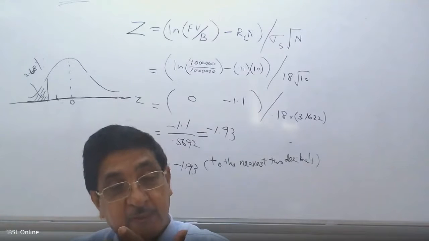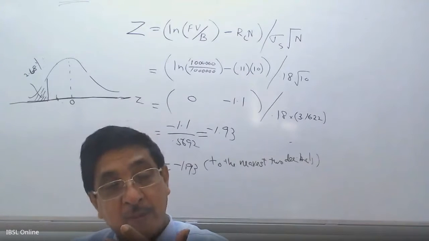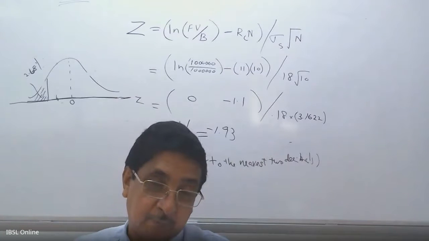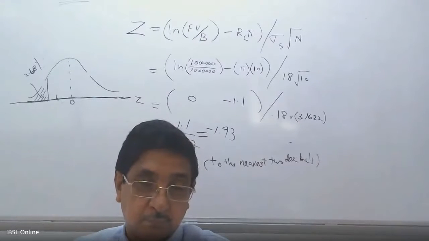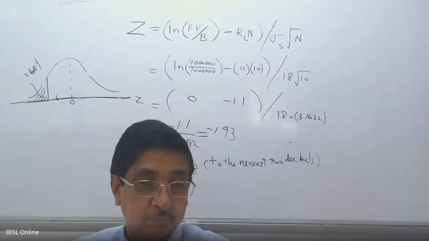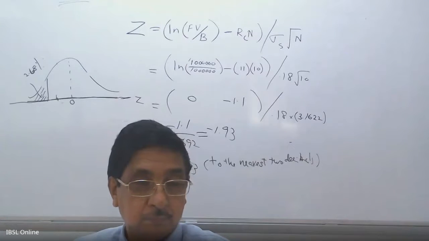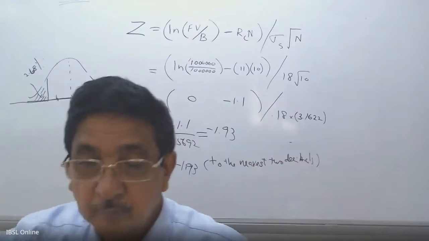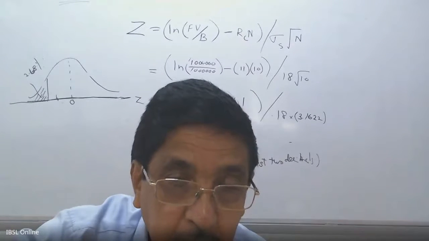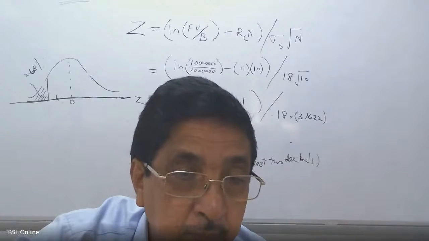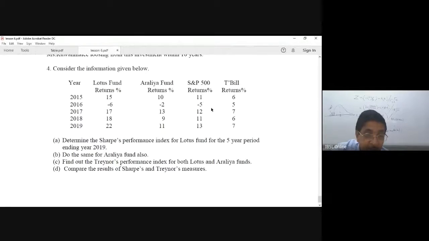They have given the S&P 500 returns for 5 years, and you have to get the arithmetic mean of those returns. 7, 12, 11, 30... Now that is 8.4.